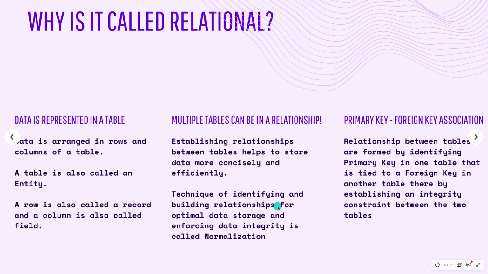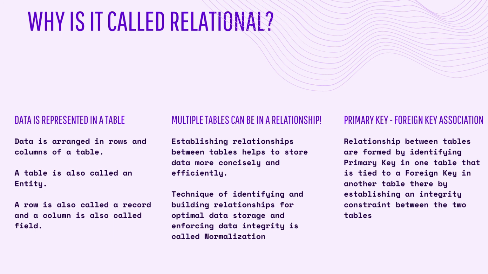The technique of identifying and building relationships for optimal data storage and enforcing data integrity is called normalization. And the way the relationships are built between two tables is through primary key and foreign key association.